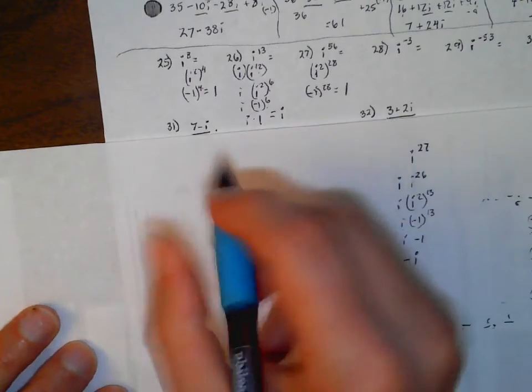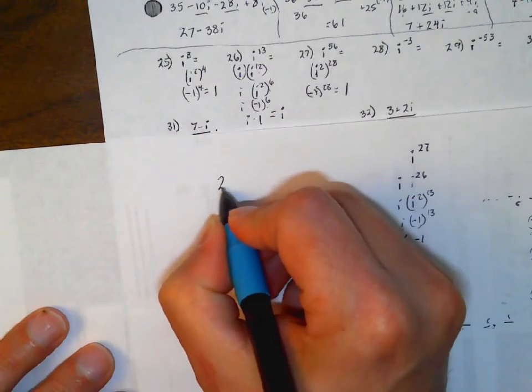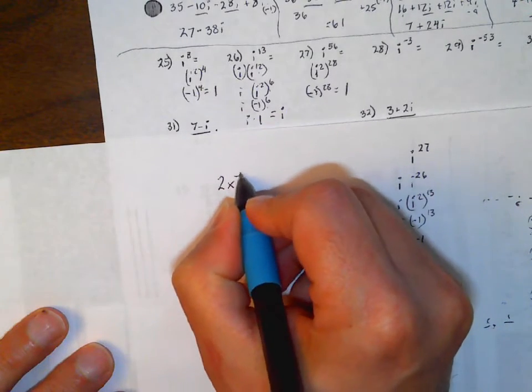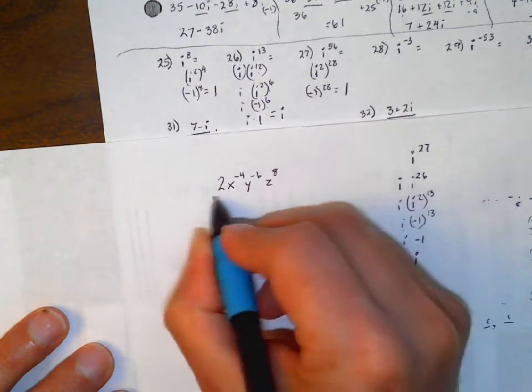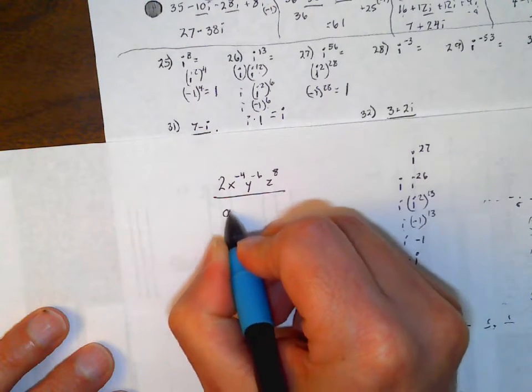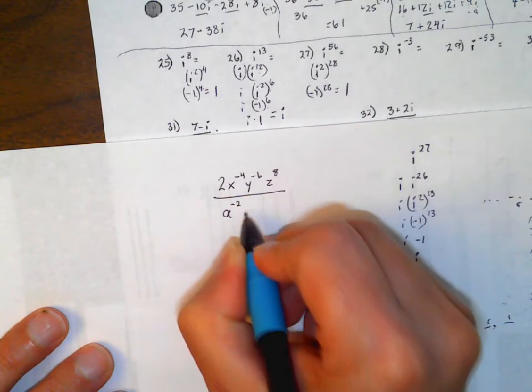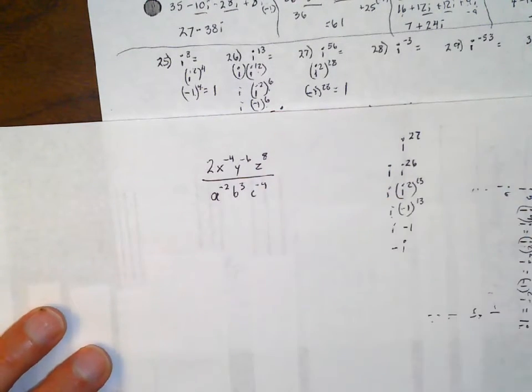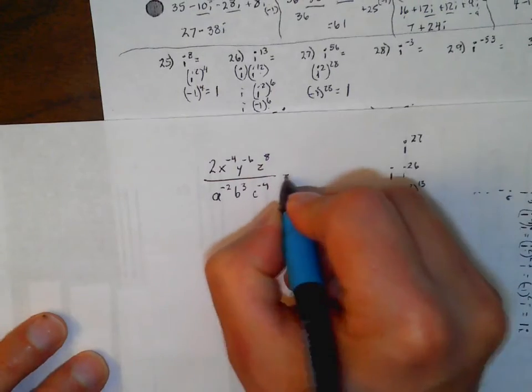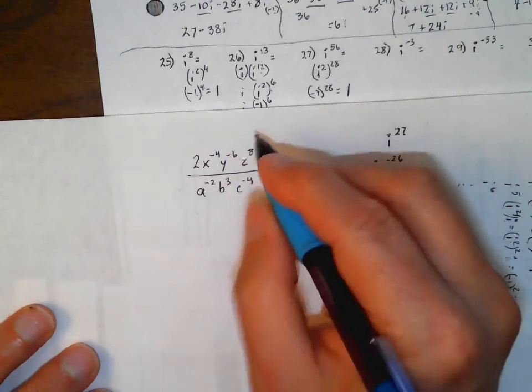Hey, next idea here. I don't know if you remember this back in Algebra 1. So 2x to the negative 4, y to the negative 6, z to the 8th, divided by a to the negative 2, b to the 3rd, and c to the negative 4. Do you remember what you did whenever there was a negative exponent? A negative exponent moves it.